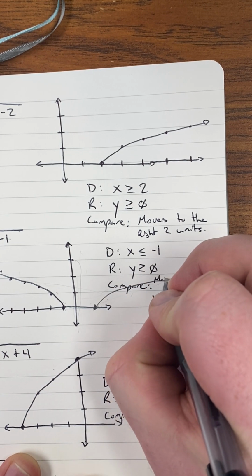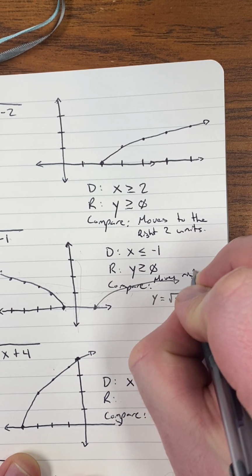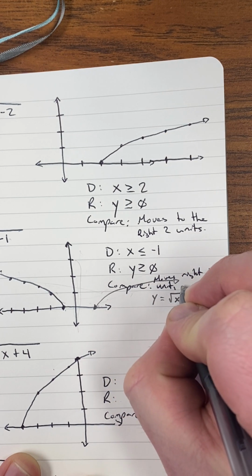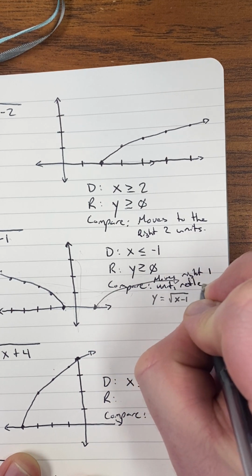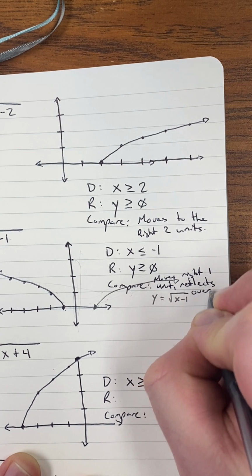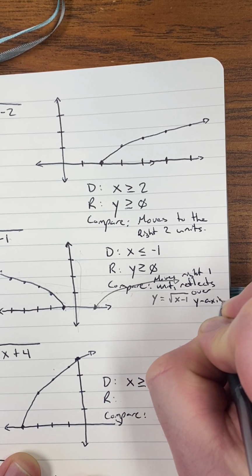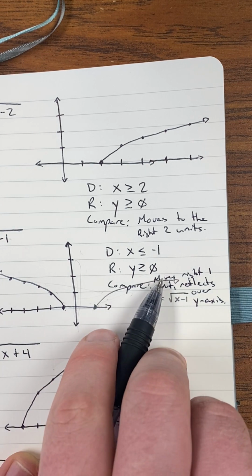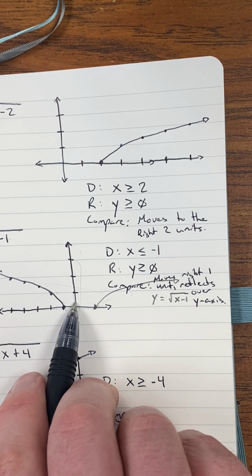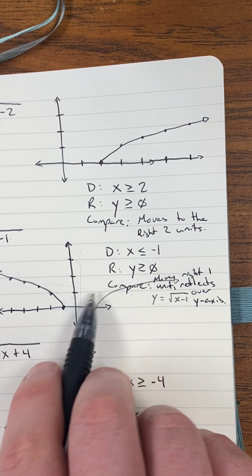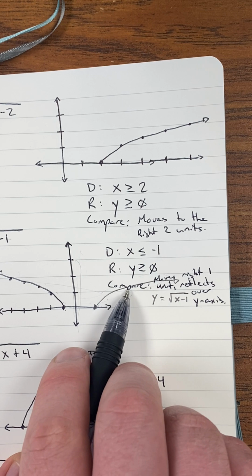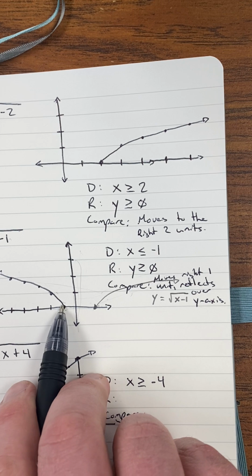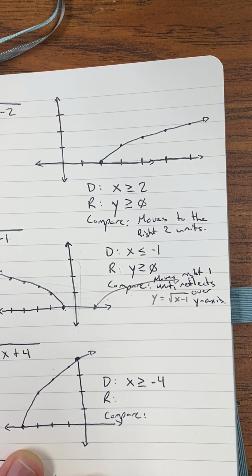So it moves right 1 unit, then reflects over y-axis. Okay? That's what we're going to write right there. We're going to write it moves 1 unit right, because it technically does. If it's supposed to look like this, then it moves to the right 1 unit, and then the next thing is it reflects over the y-axis, and that's how it ends up on the left after the reflection, right?